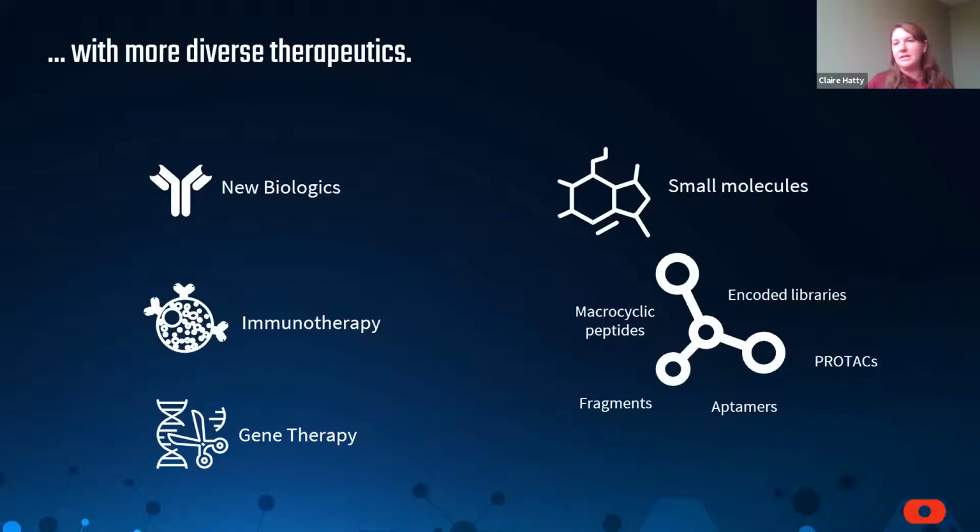This complexity is also being addressed with increasingly innovative and diverse therapeutics. That could include biologics, immunotherapies, gene therapies, and a range of small molecules such as peptides, fragments, aptamers, and proteins. So there's now a diverse range of different ligand classes that we might be looking at to address these drug discovery challenges.